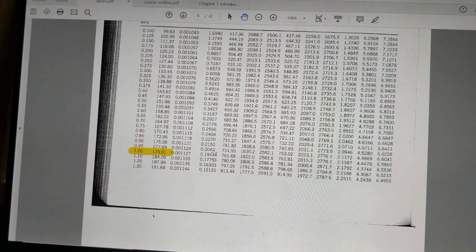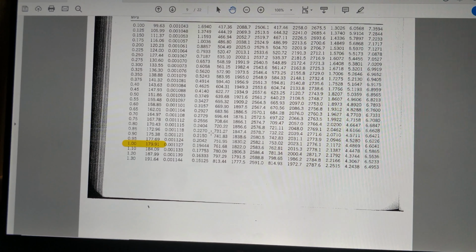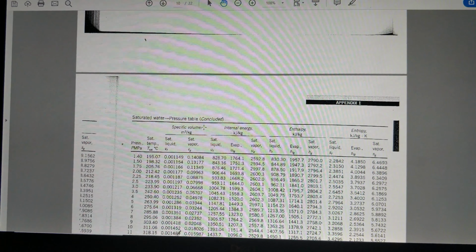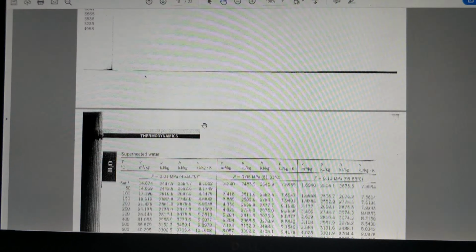but the given temperature in our given problem was 300 degrees Celsius, which is well beyond this given value. And so we now know that the state that we are in is going to be a superheated state, and thus we need to go and look in our superheated water pressure table.